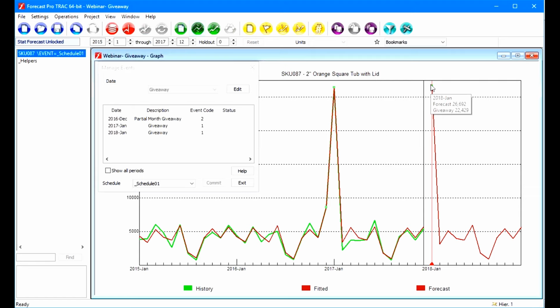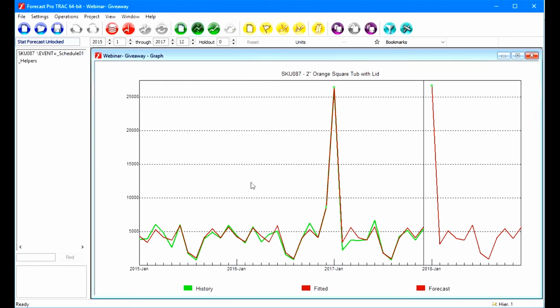So again, if that was going to happen, this is now a sensible forecast for that particular scenario. So this is a very simple example, but this is a fairly common scenario, and event models are a good way to address this scenario.